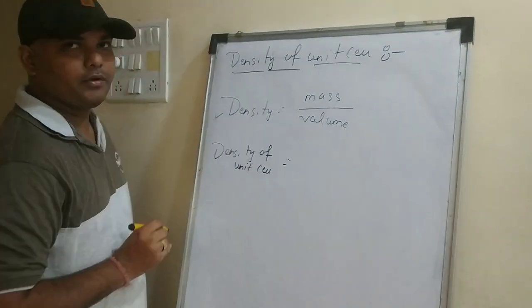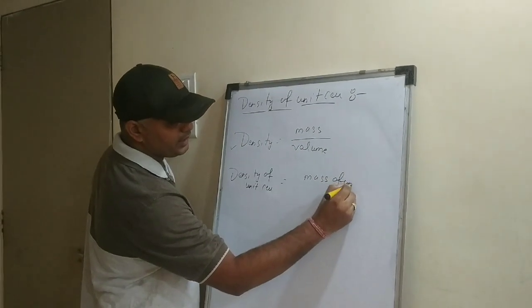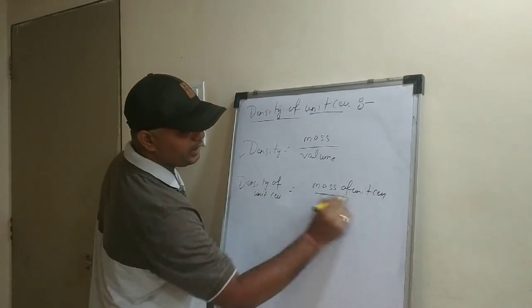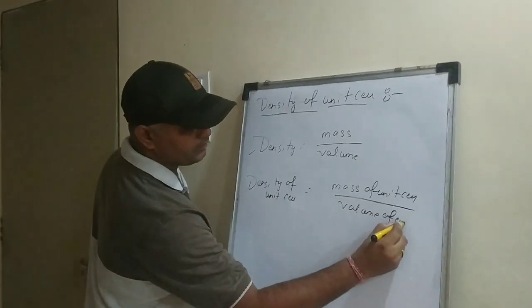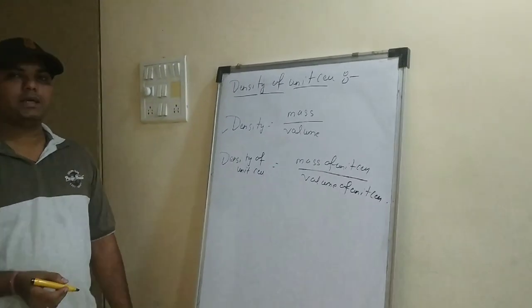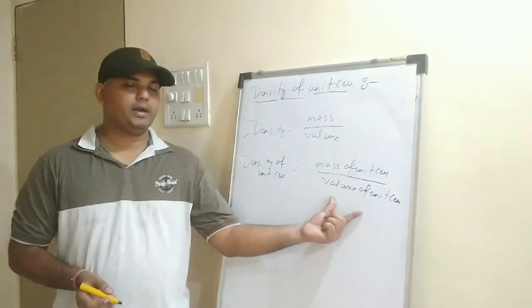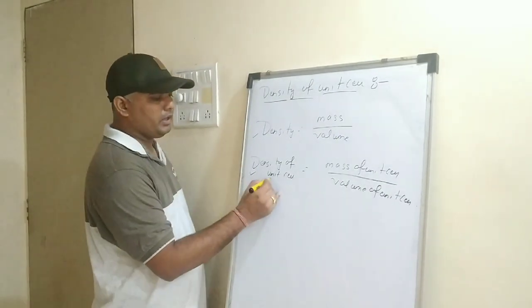So density of a unit cell is equal to the mass of a unit cell divided by the volume of a unit cell, as we are talking about the unit cell here.